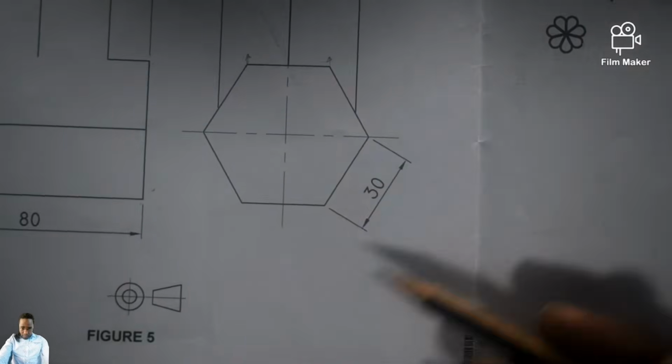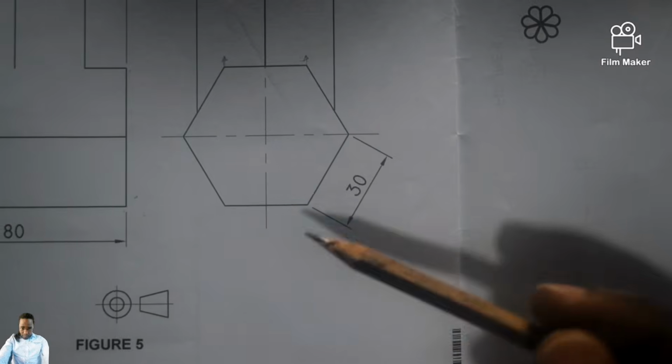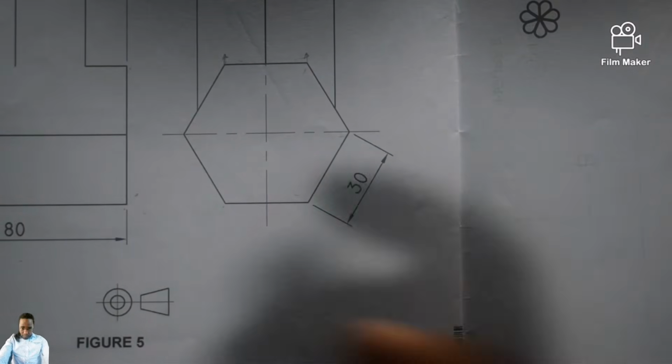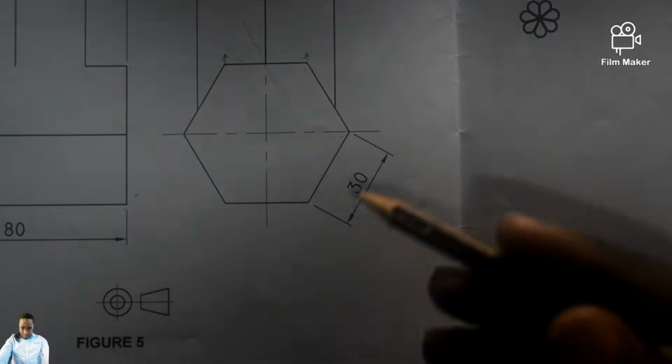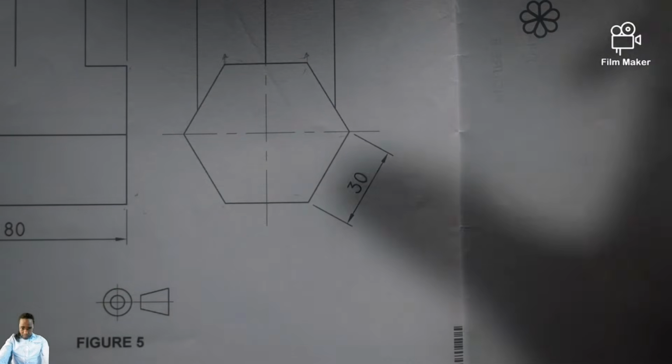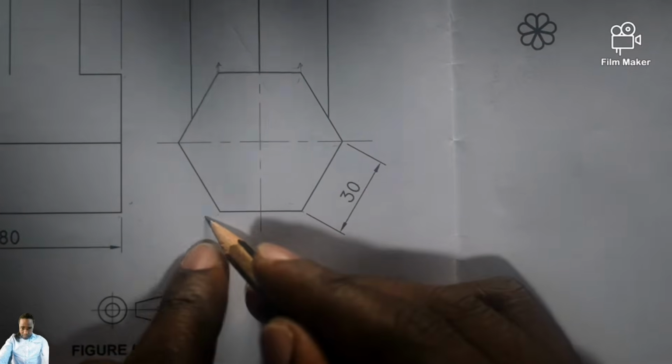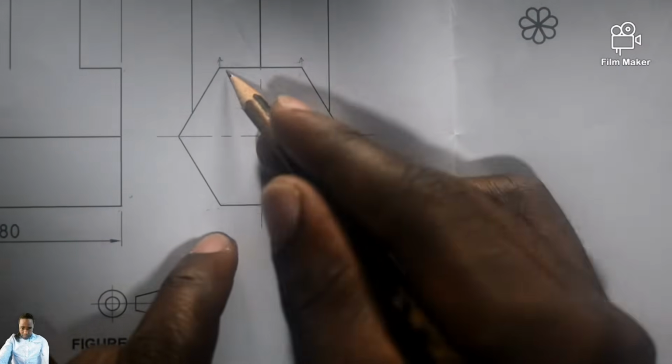We are given a hexagon, a flat hexagon. 1, 2, 3, 4, 5, 6 corners, which means it's a hexagon. With the properties of a hexagon, it has 6 corners and all the sides are equal, which means from here till there is still 30, 30, 30.